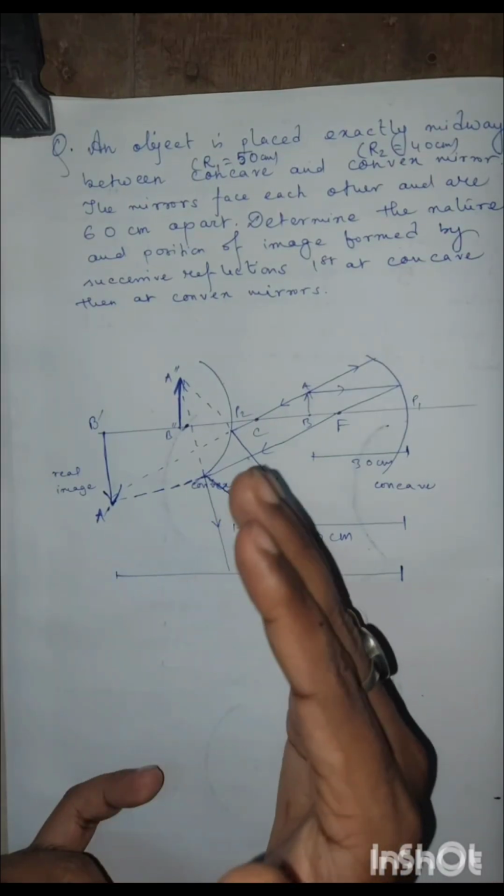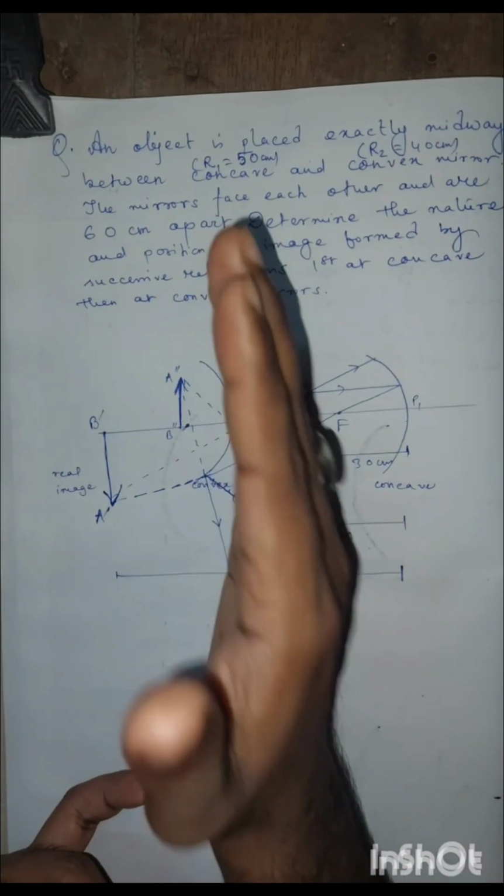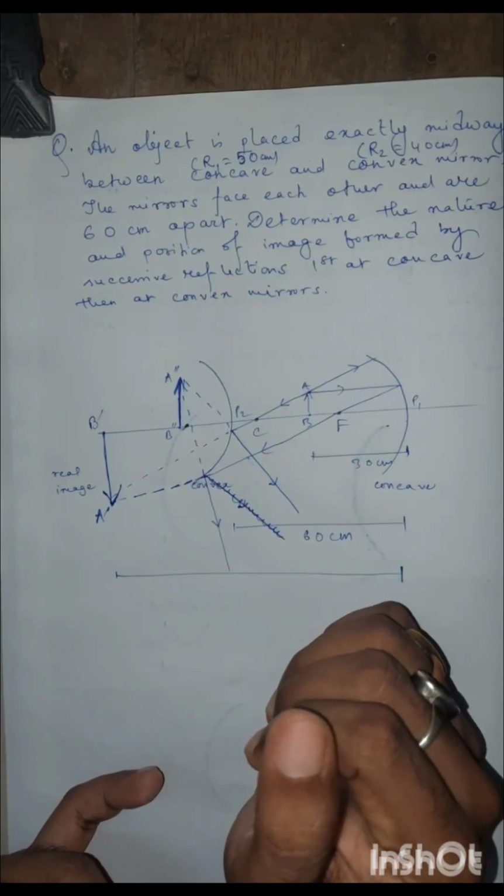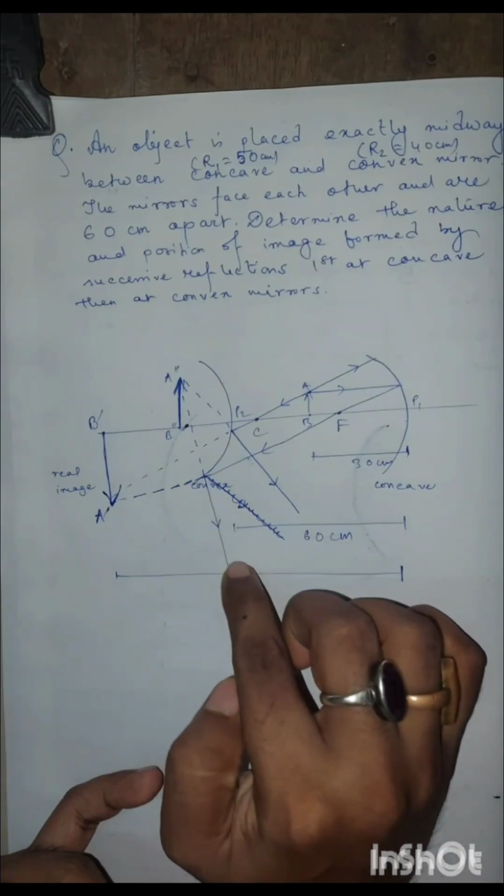Now, if we put a convex mirror, we will get another reflection.